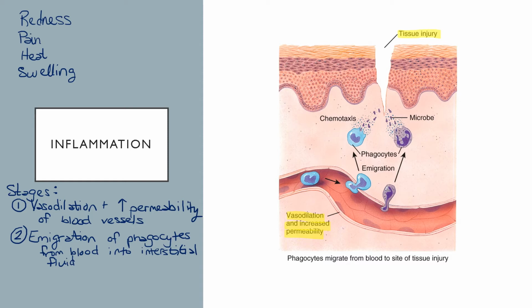So you can see that step right here, that emigration of these phagocytes. Emigration, remember, is just the movement of these cells out of the blood vessel. And then our final stage of inflammation is tissue repair.